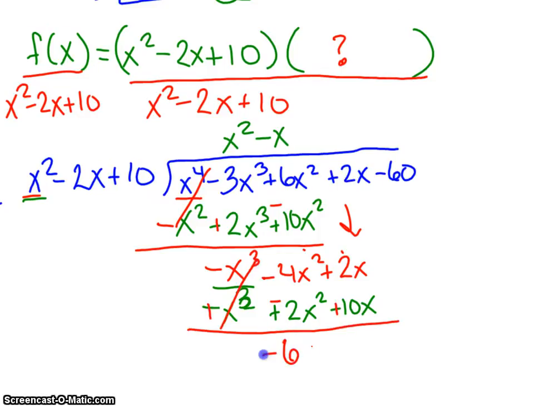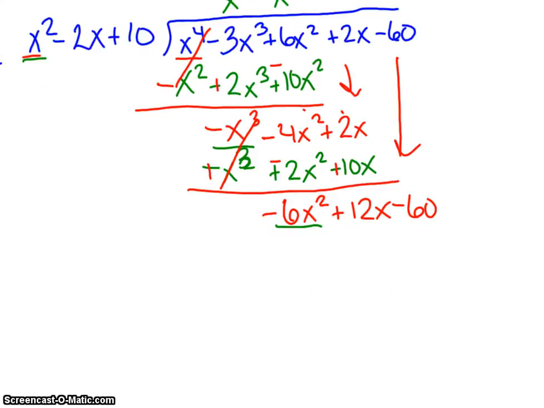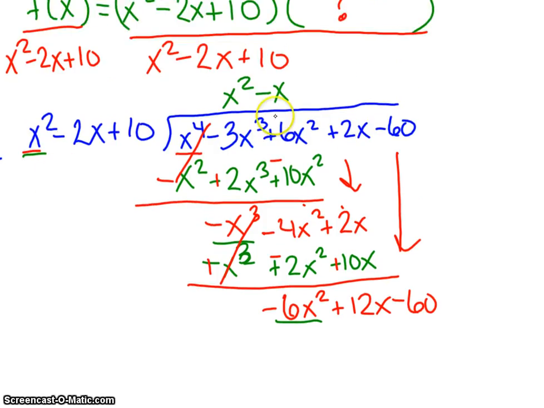You get negative 6x squared plus 12x, bring down the negative 60, and you do it all over again. First one on the inside divided by the first one on the outside, you get negative 6. And you shouldn't be left with any remainder, because after all, they are factors.